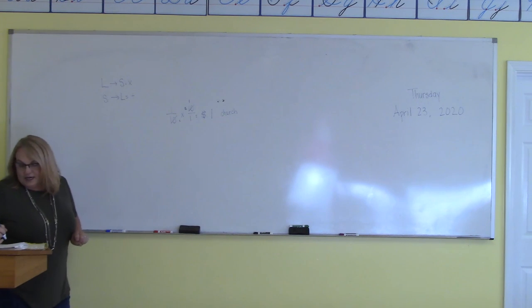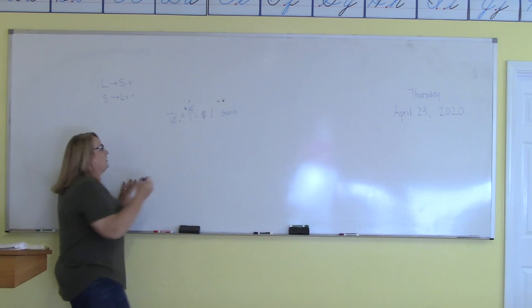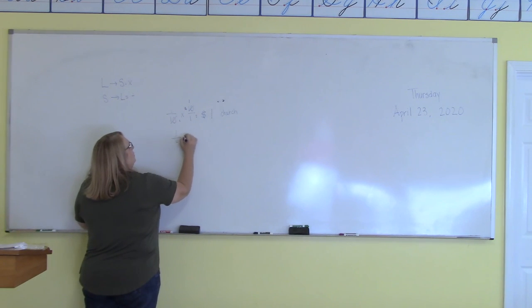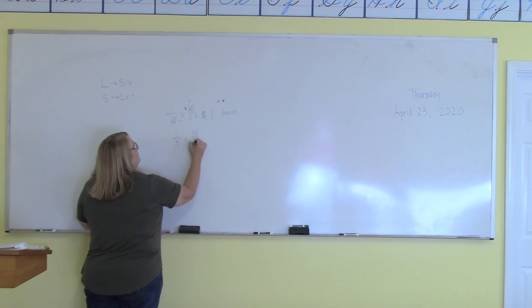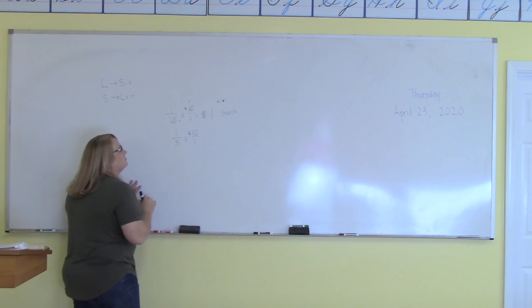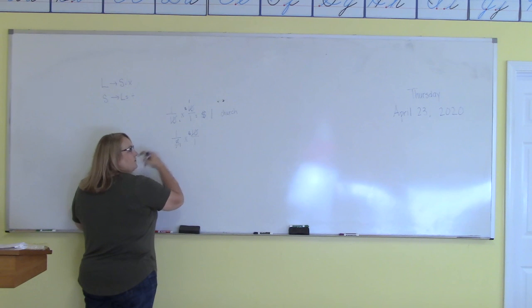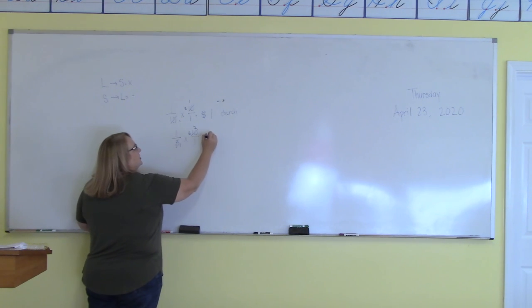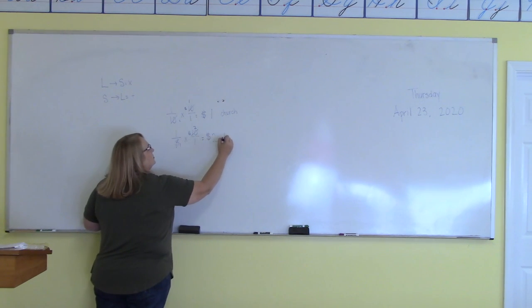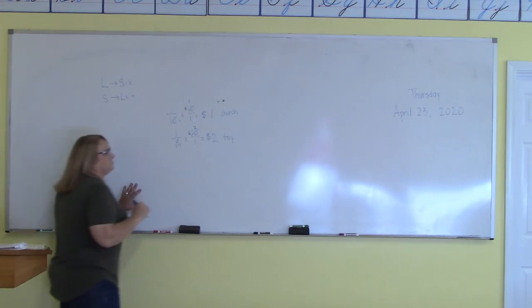Then he spent 1/5 of it on a toy. 5 divided by 5 is 1. 10 divided by 5 is 2. So he spent $2 on a toy.